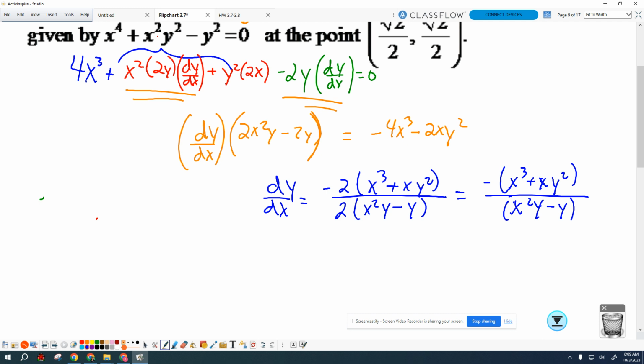Some of you might have gotten the positive. What happened to the 2? Does 2 over 2 reduce to 1? No, what happened to 4x? Negative. Oh, okay, so I dropped the 2. Okay. Calm down. What happened?